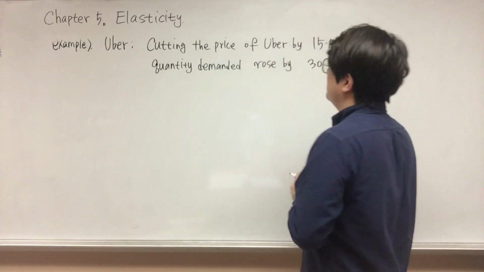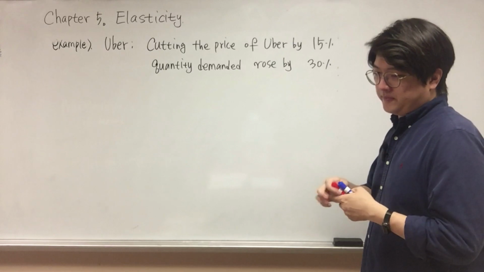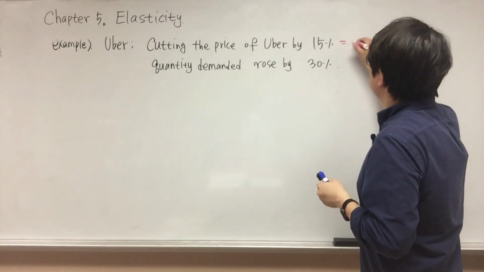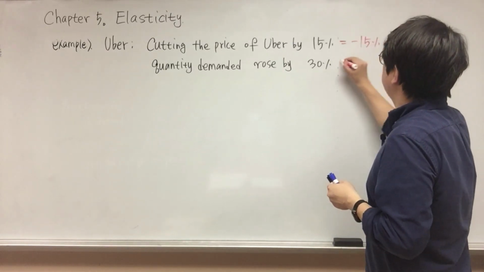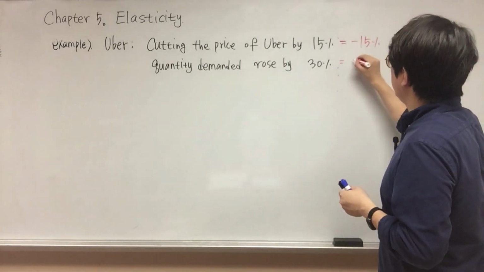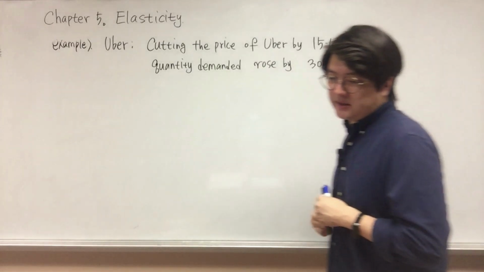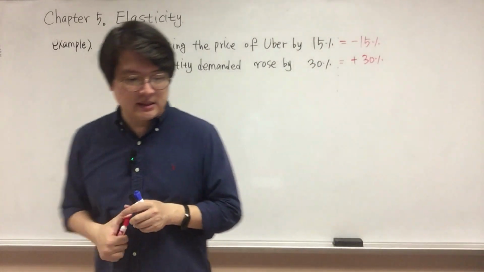So cutting the price is minus 15%, and the quantity demanded rose by 30%, so we have plus 30%. So how can you find the price elasticity of demand?